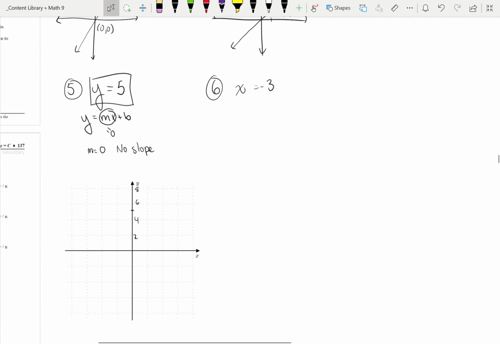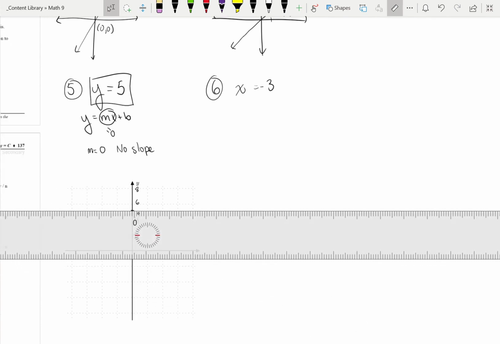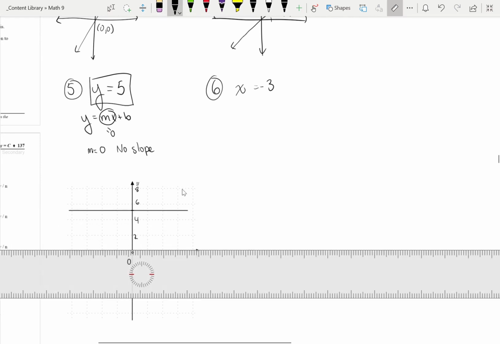Basically, for all values of x, y will be 5. So this is one of the special cases, our line will look like this. Y equals 5 is a horizontal line.